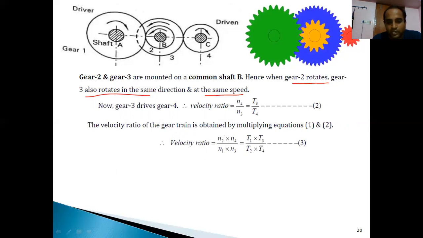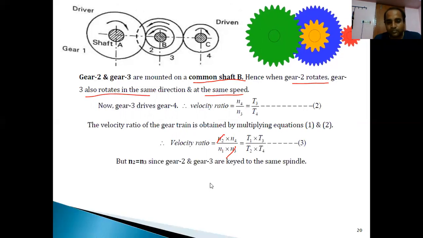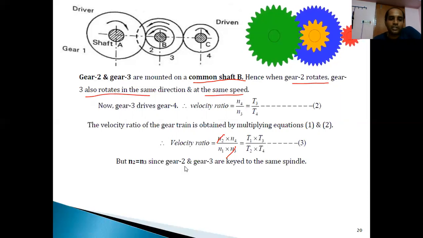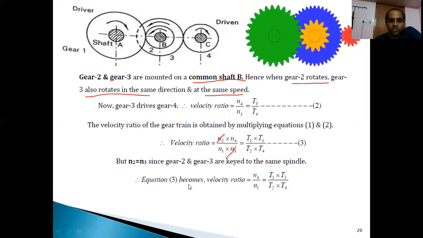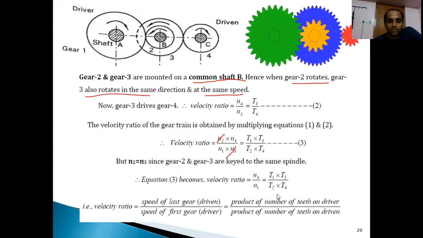When N2 is equal to N3, both get cancelled, because they are mounted on the same shaft B itself. So finally we get N4 by N1 is equal to T1 by T2 into T3 by T4. N2 is equal to N3, as gear 2 and gear 3 are common to the same spindle, that is the shaft B itself. Therefore, equation 3 becomes N4 by N1 equal to T1 by T2 into T3 by T4.